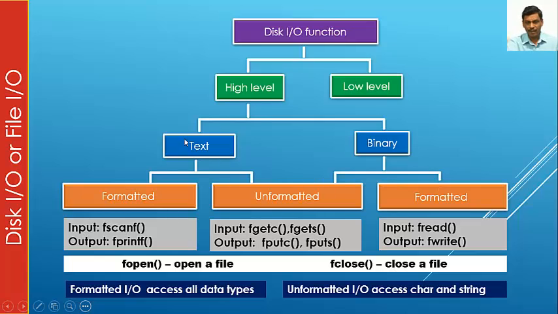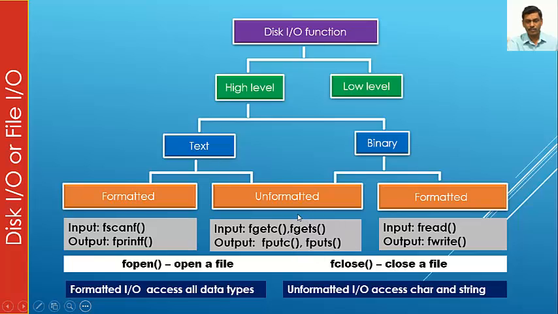But unformatted may be text or binary. Input is fgetc for character, fputc for character output. File get character, file put character. So fgetc, fputc access character only.